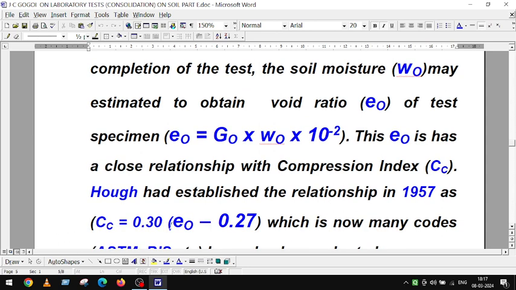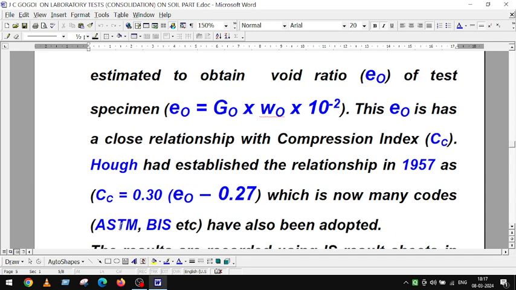As per his opinion, Cc, compression index, equals (e0 minus 0.27) whole into 0.3. Nowadays, it is also included in the IS or ASTM. ASTM included means it is everywhere accepted.